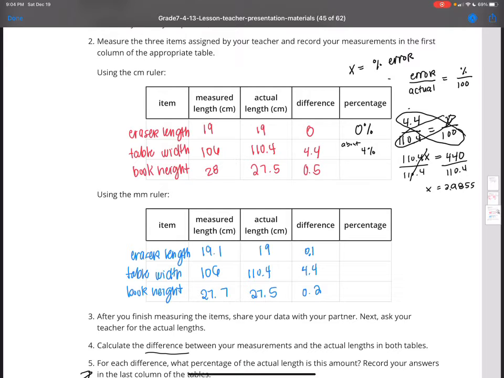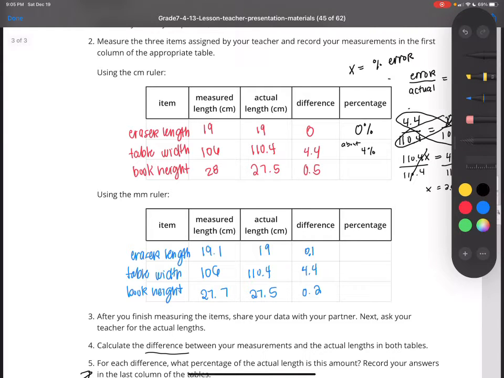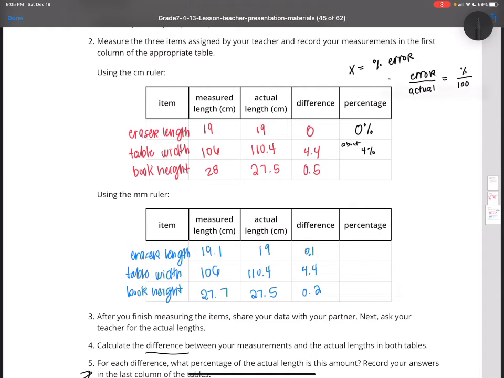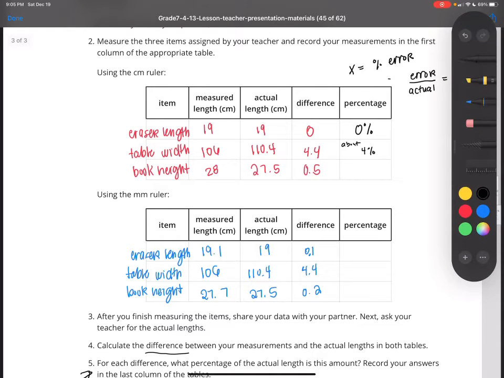So if you still need these annotations, guys, rewind the video, but I'm about to move on to the next portion. Just a friendly reminder before I delete it, make sure you rewind the video if you didn't know how I found that. So moving on to the next part.